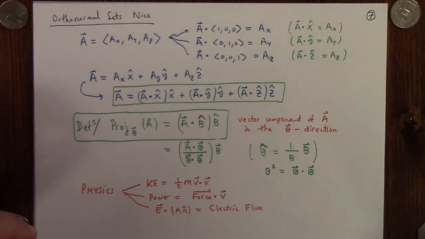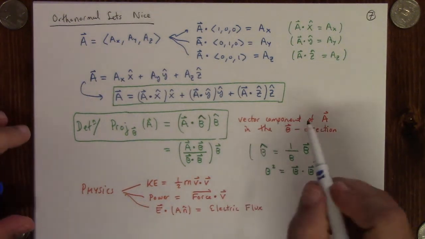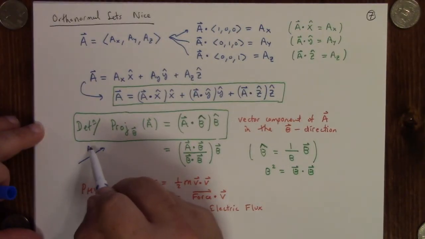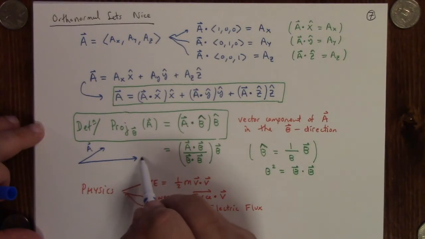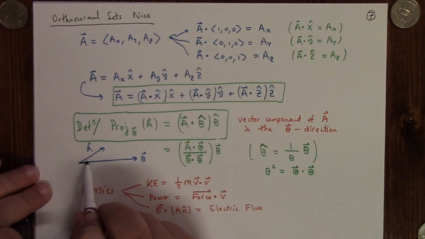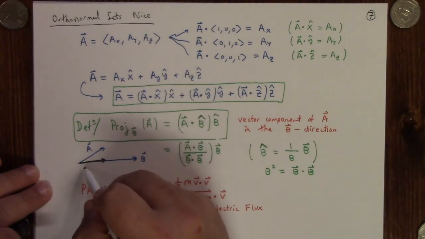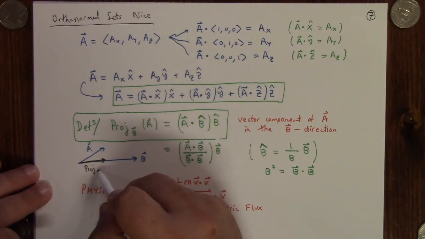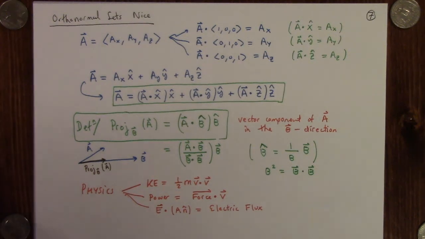And so, I guess I should draw a picture for the projection too while I'm at it. What's going on here is just this. If this is A and this is B, then that projection of A into the B direction is this guy right here, the part of the vector A which points directly in the direction of B. Just like that.